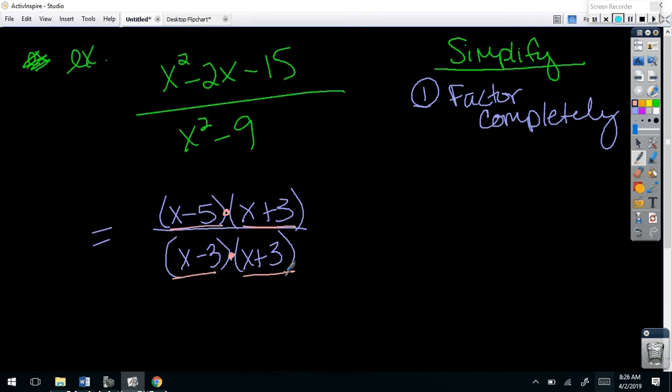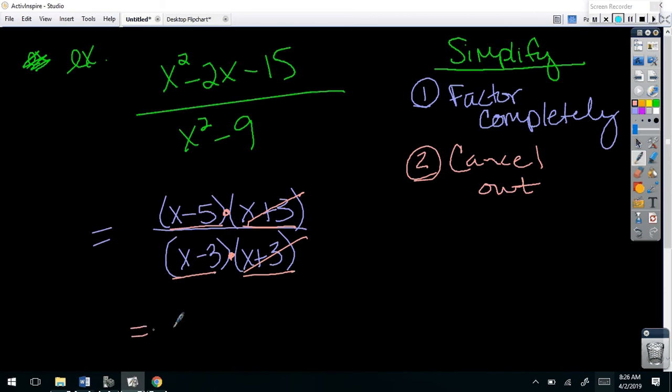Now that I've got nothing but multiplication across the top and bottom, I can cancel out factors. I see x plus 3 and x plus 3. Cancel that out.